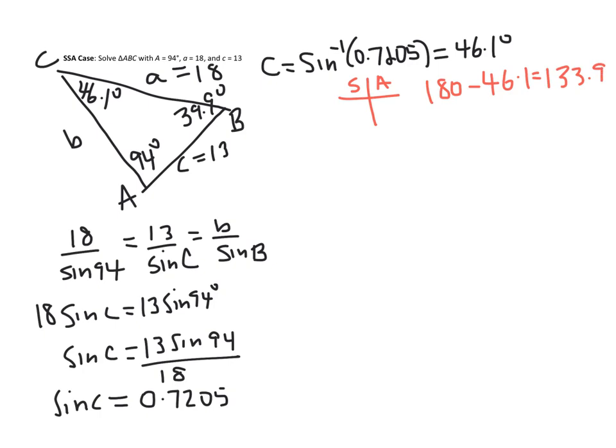And when I take this angle and add the angle which was given at the beginning, 94, it's going to be more than 180. So I know a second triangle is not possible.